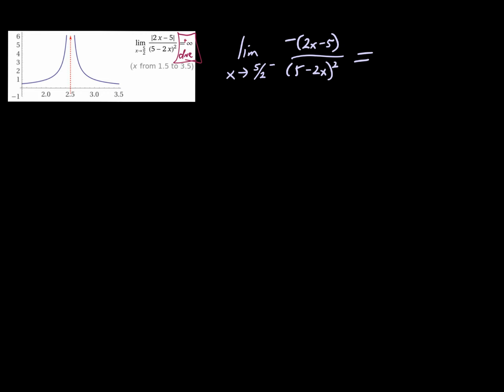And we want to see, does that equal, whoops, let me change color, the limit as we are approaching 5 halves, which is also 2.5, from the right side. And on the positive side, we use the positive. 5 minus 2x squared.